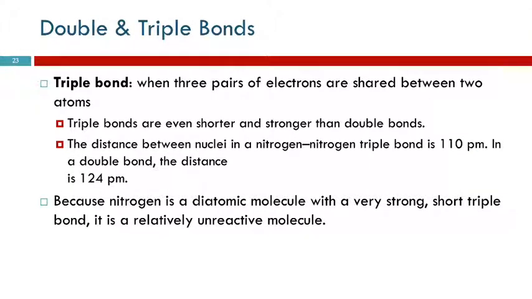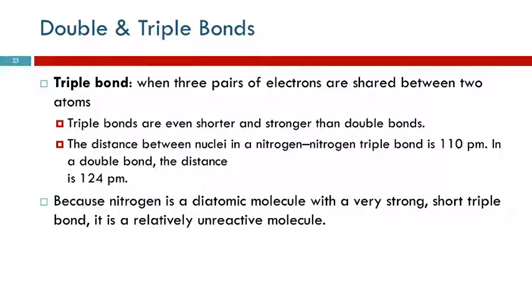So the triple bond, 3 pairs of electrons, that's shorter and stronger than a double bond. You can compare, oh, that's all messed up. I had to convert these from the regular format to the widescreen format, and I missed a few things. A triple bond has a length of 110 picometers. For nitrogen, a double bond is 124.